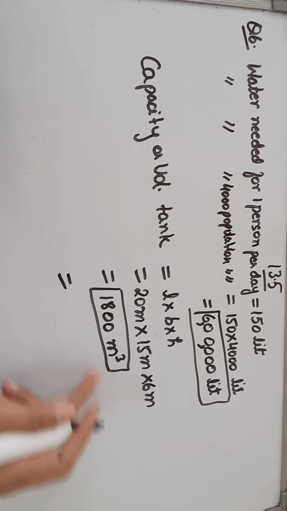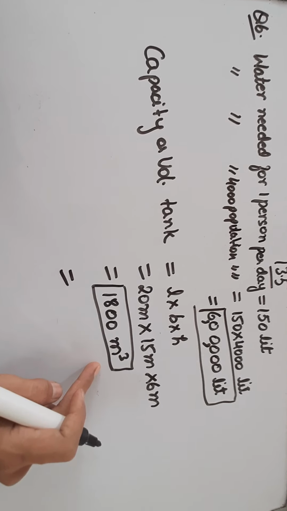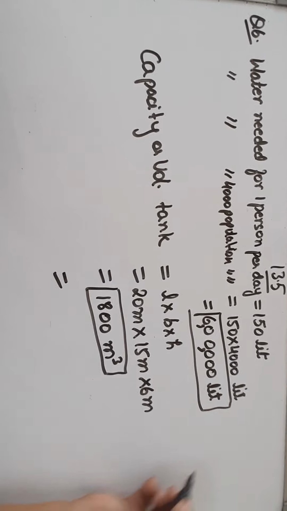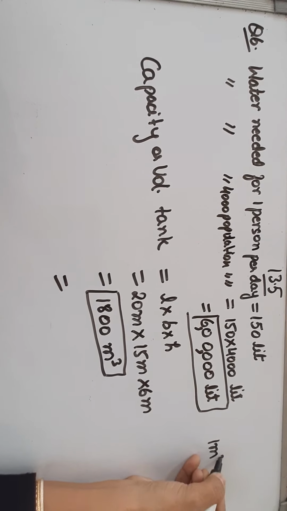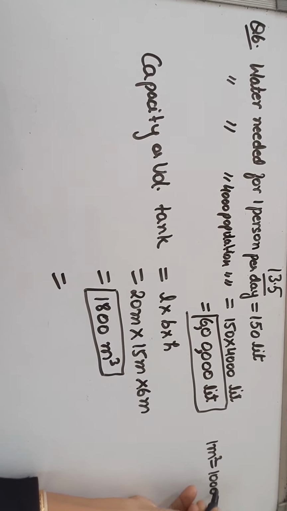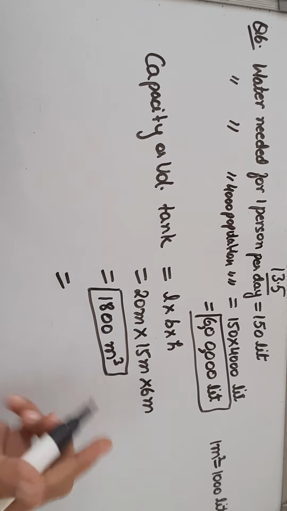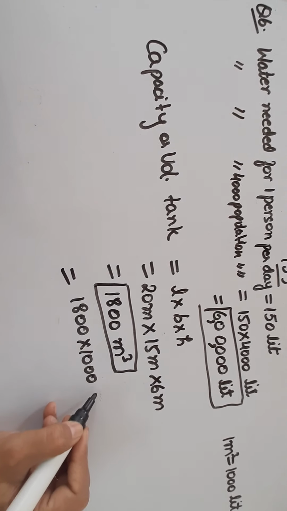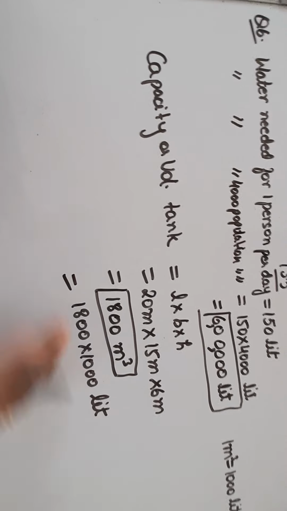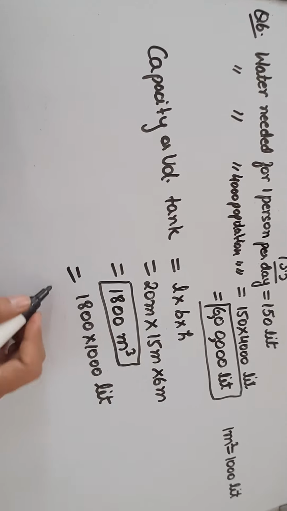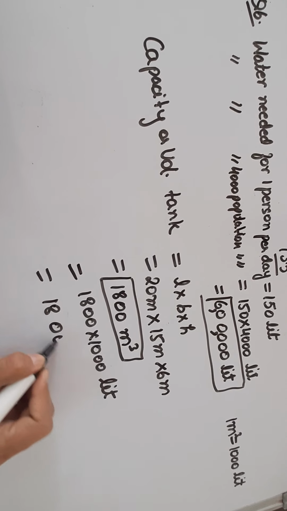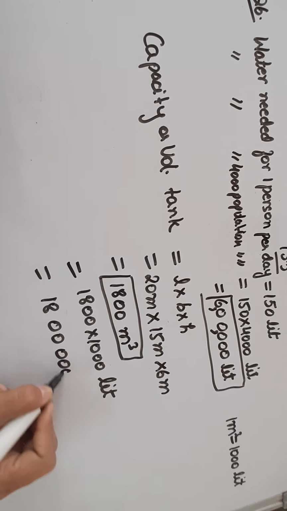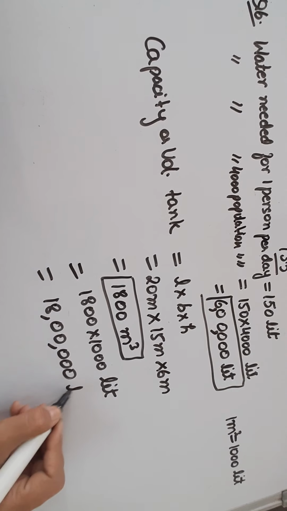So first of all convert it into liters, either this into liters or this into cubic meters, and we know 1 cubic meter is equal to 1000 liters. So to convert this, let us multiply this by 1000 so as to get the capacity of the tank in liters. So what is the capacity of the tank? You can see it is 18 lakh liters.